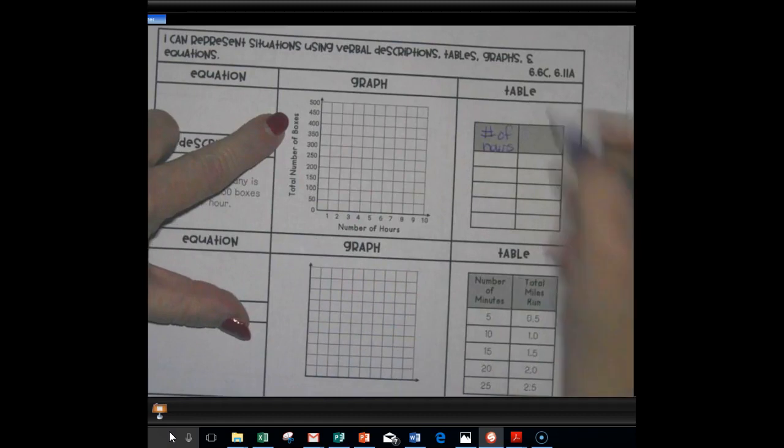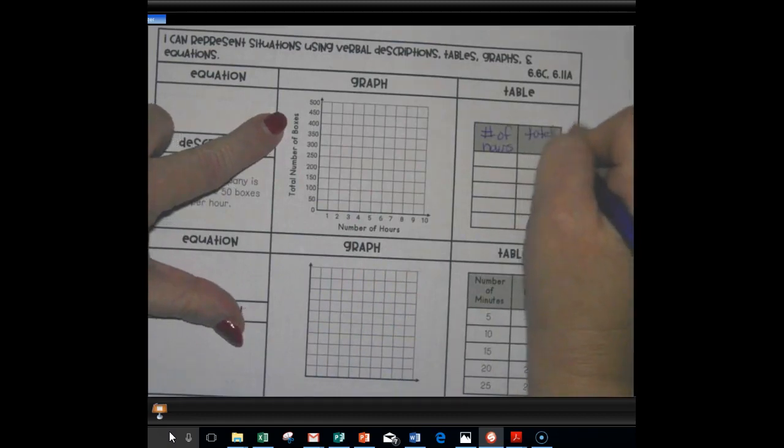Total boxes is my dependent. It tells us right here. Remember, the x-axis is always your independent. So I have 1 hour, 2 hours, 3 hours, 4 hours, 5 hours.